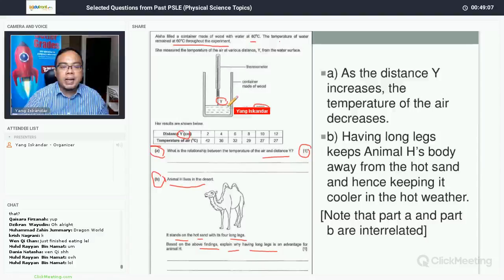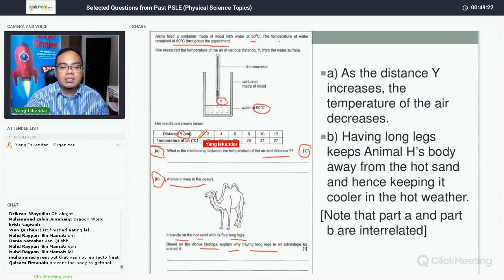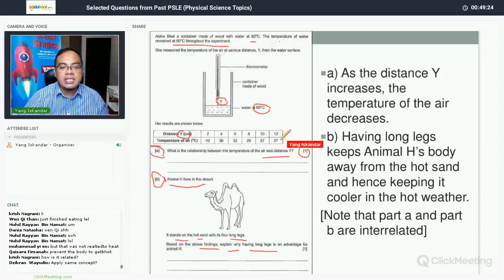You are not able to answer correctly without looking at part A. In part A, you can see the clues given to you. The thermometer can represent the body of the camel, while the part Y here can represent the legs of the camel. As the distance increases, the temperature of the air would be lesser.